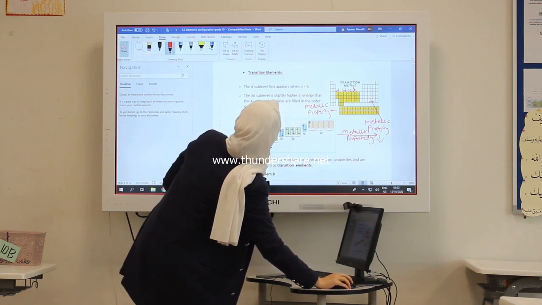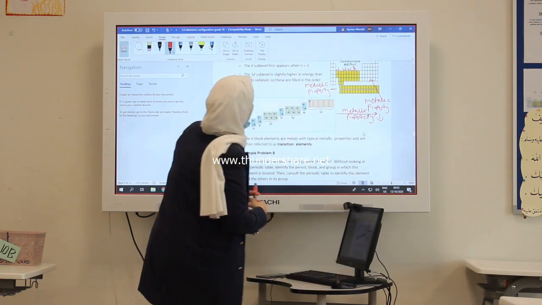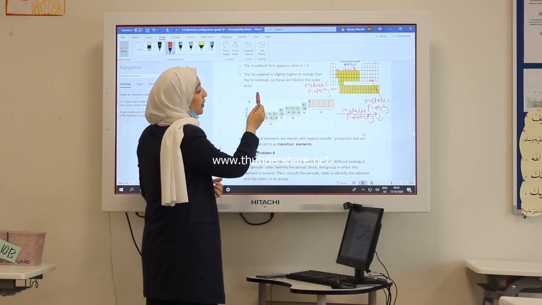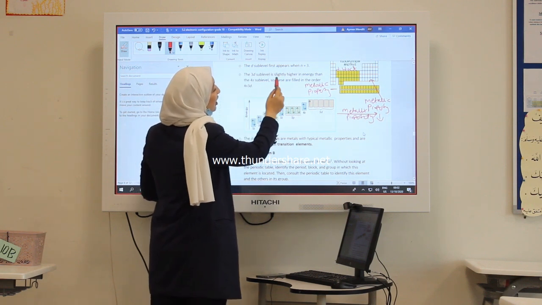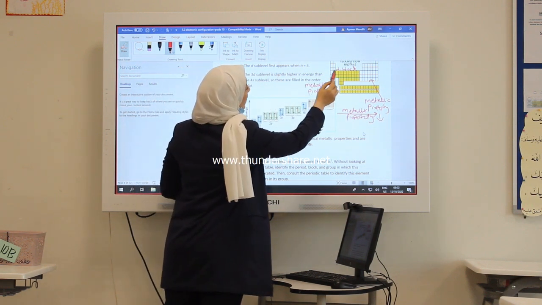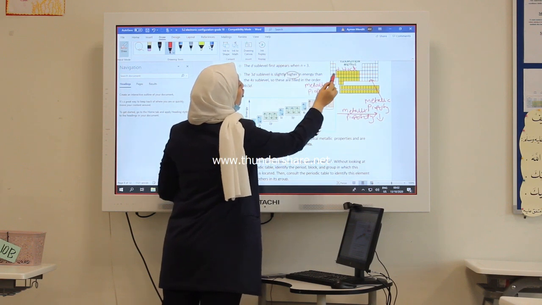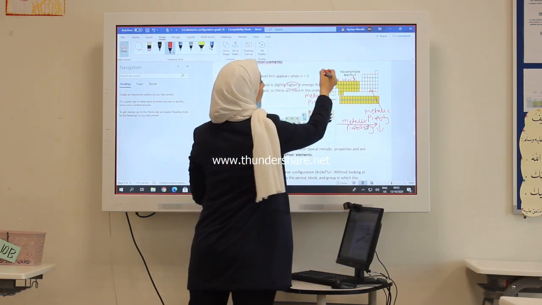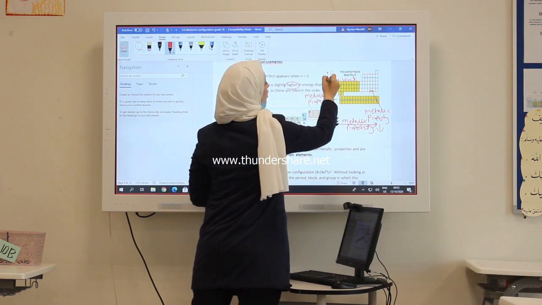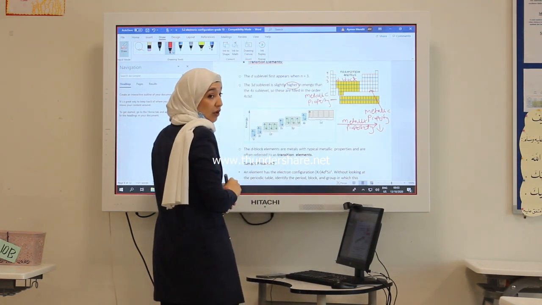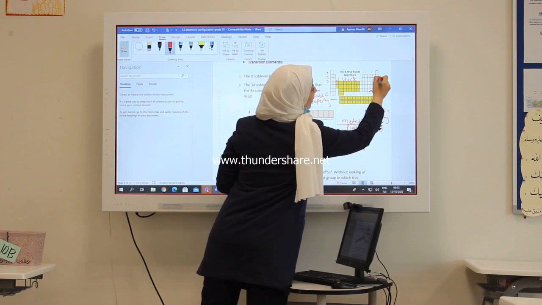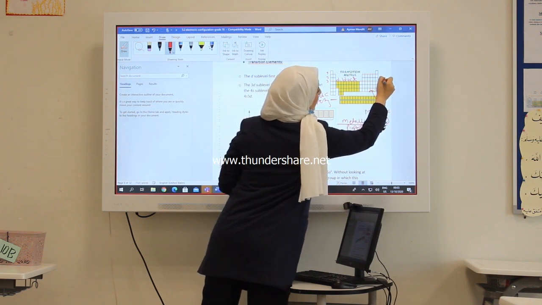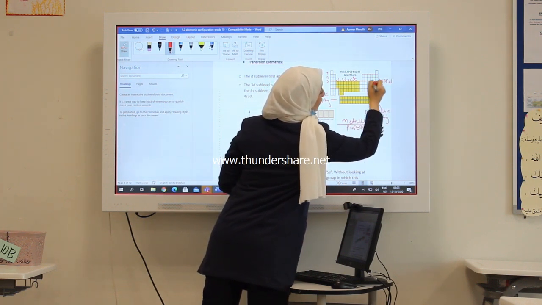Here, when we say that the 3d sublevel is slightly higher or lower than the 4s, let's say here I have 1, 2, and 3. In 3, it's supposed that I have 3s, 3p, and 3d.